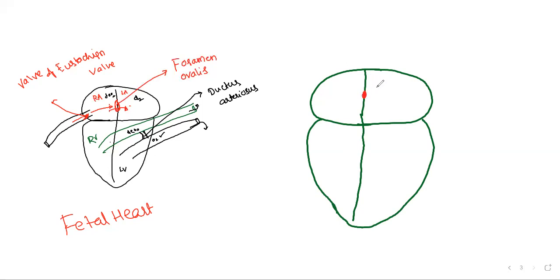So then you see here, it is closed now. That particular foramen ovale is closed. Now in the adult heart, we have the fossa ovalis. So this is the heart of an adult or young one. At the time of birth, all these issues are rectified by the age of 10.